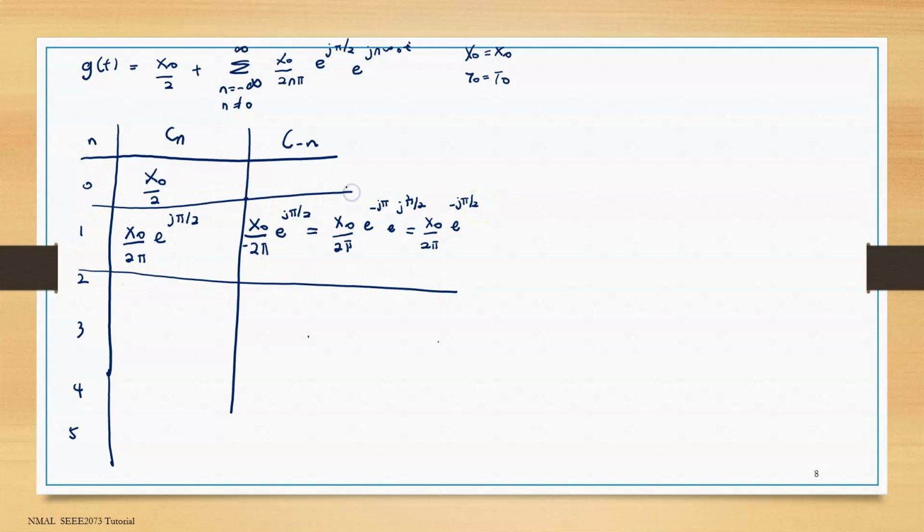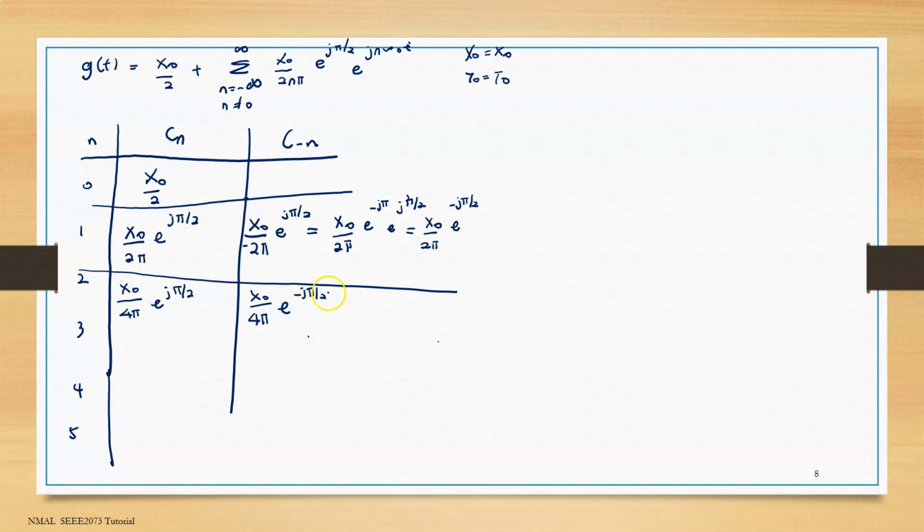And then for n equal to 2, you put n equal to 2 in the equation. So this one will become x naught over 4 pi exponent j pi over 2. So similarly for this one, it will become x naught divided by 4 pi exponent negative j pi over 2.